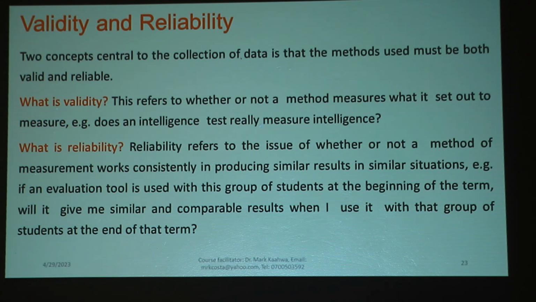So the methods we use in the data collection, we always say they must be both valid and reliable. So what does it mean when they say that a method must be valid? A method must be reliable. For example, if you have used interviews and they say that method you have used must be valid, what does it mean? Now, validity.